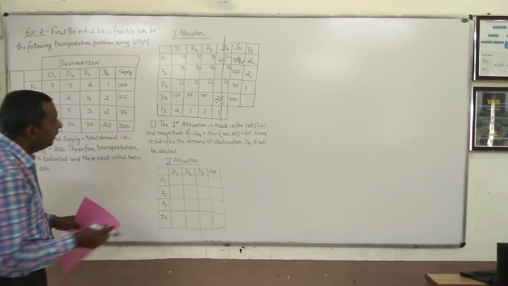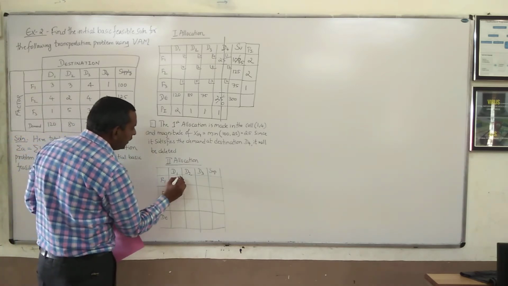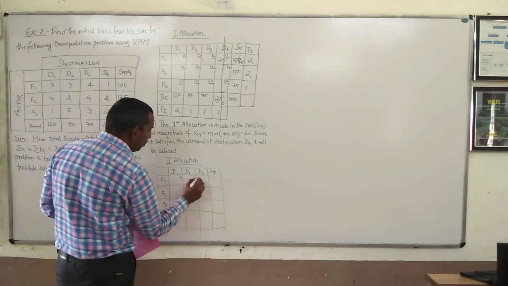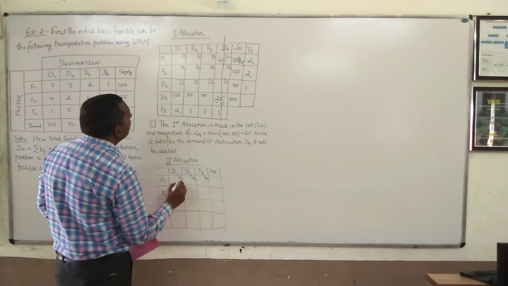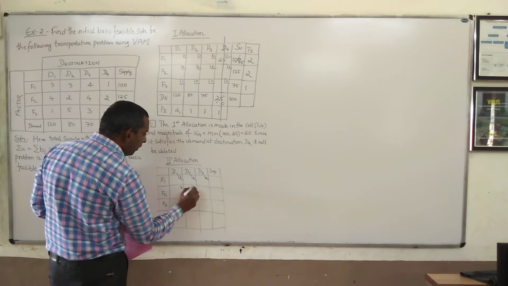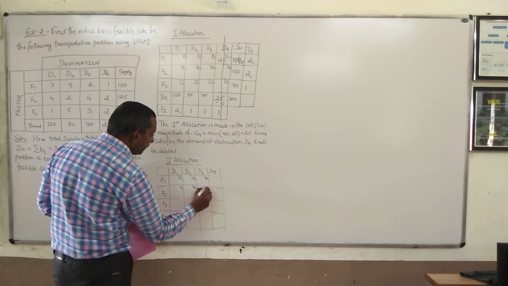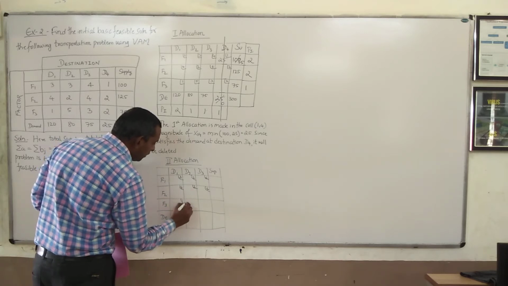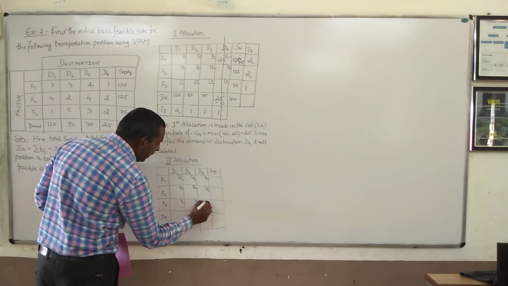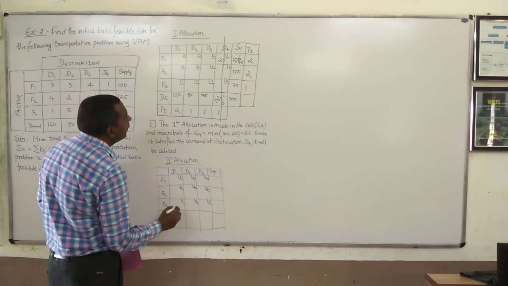Fine. So let me write the values here. It is 3, 2, 4. Then 4, 2, 4. Then 1, 5, 3.